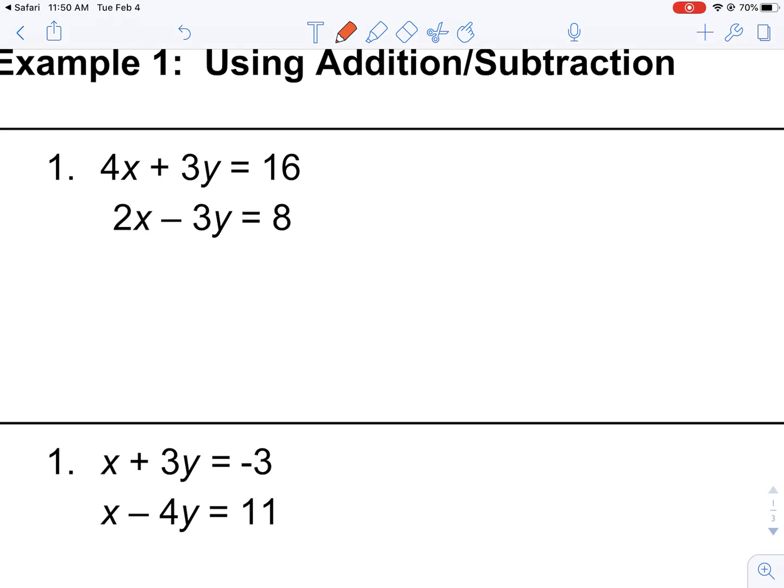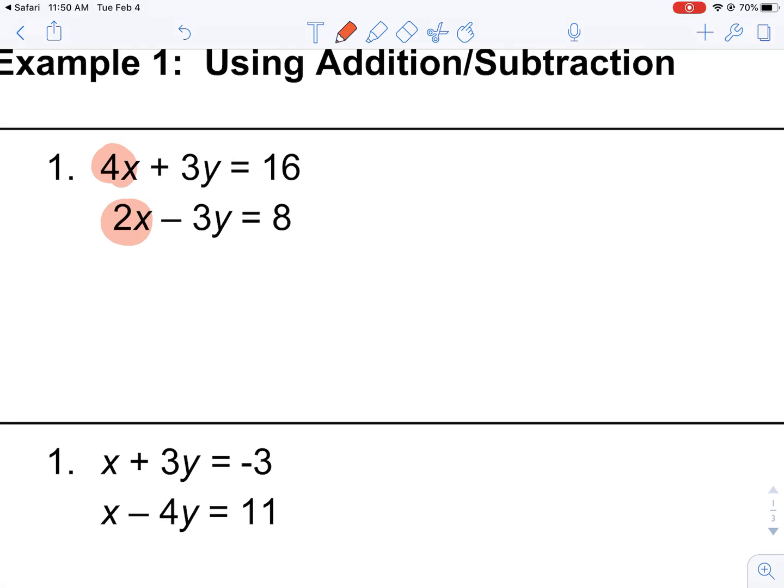So I can see that I have two linear equations and that I want to solve for the ordered pair x, y. Now, I'm betting to guess that most of you will be like, well, I can solve for y and use substitution. But if you're told to use elimination, you actually do have to use this method. So I can see that between 4x and 2x, they have factors of 2 and 4 in common.